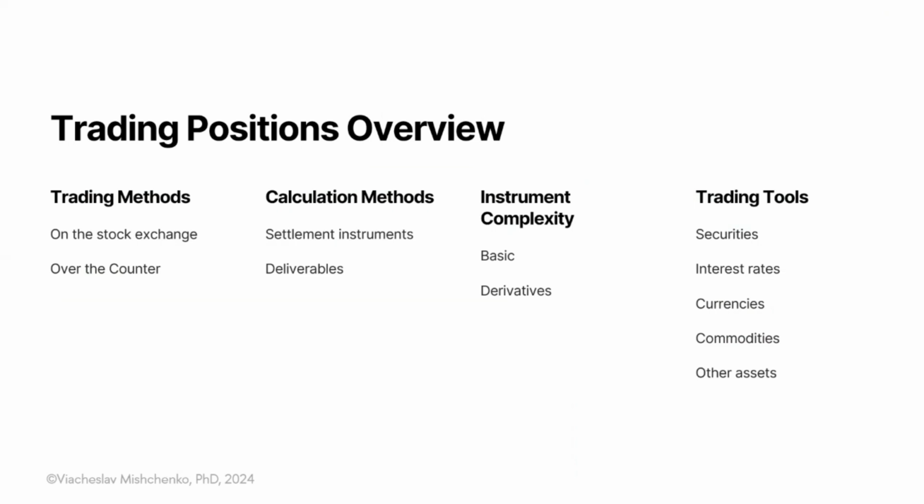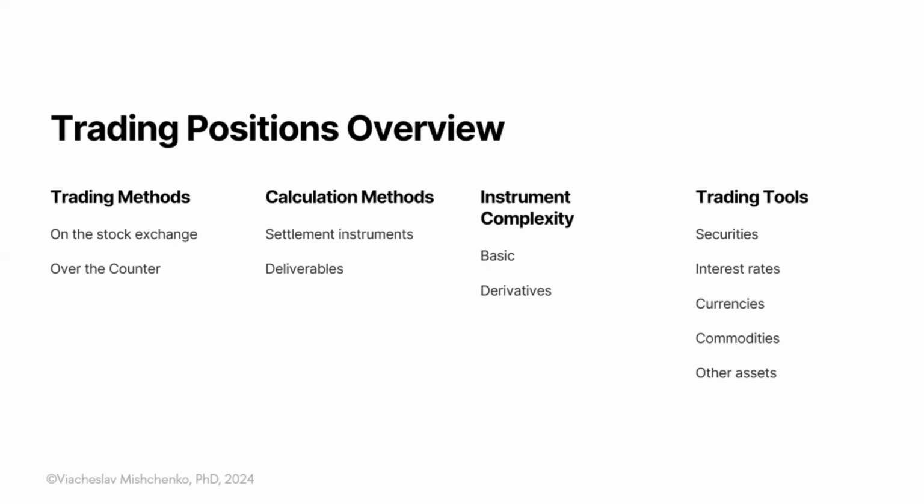Let's break down the components of trading positions then, because understanding this is crucial for grasping how market risk manifests in real trading scenarios. First, we have different ways of trading.